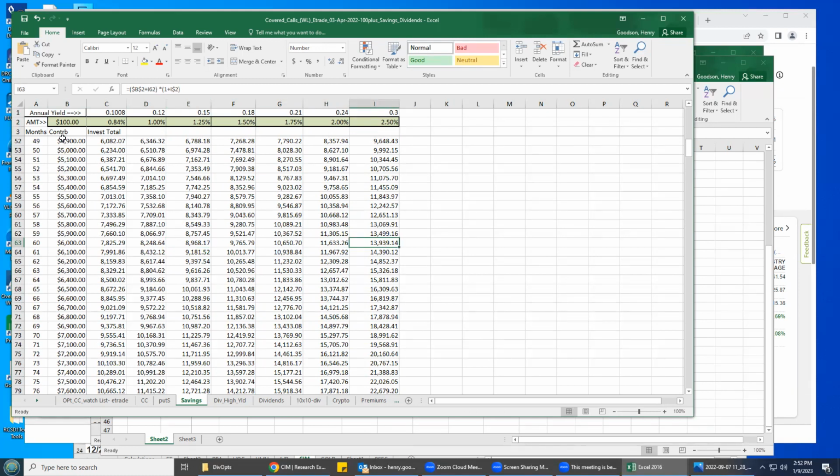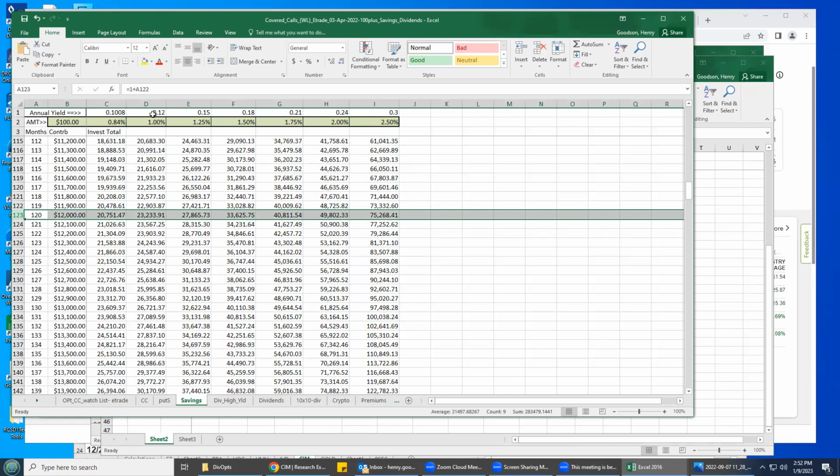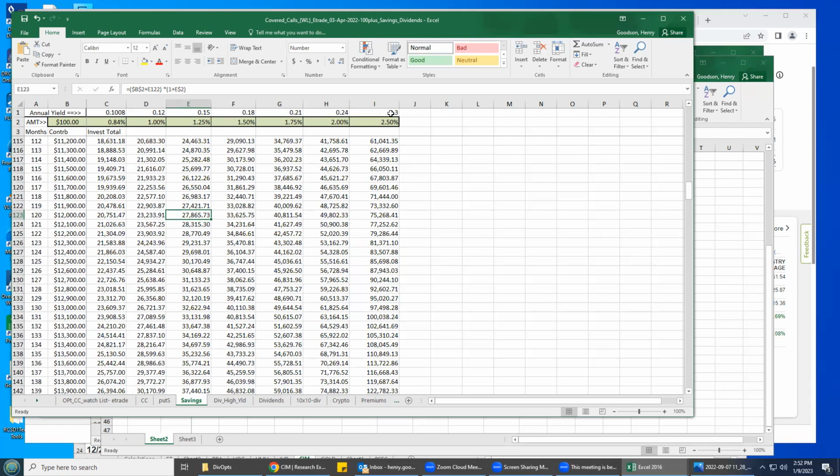Of course, this is $100 a month. If you did this for 10 years, which is 120 months, it would be so much different, because 15% would be 27, whereas over here, if you got the covered call, I said 20, it will be 75.